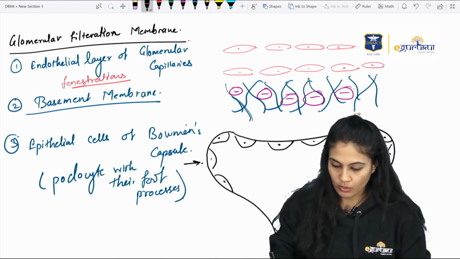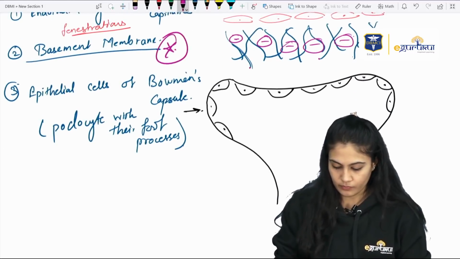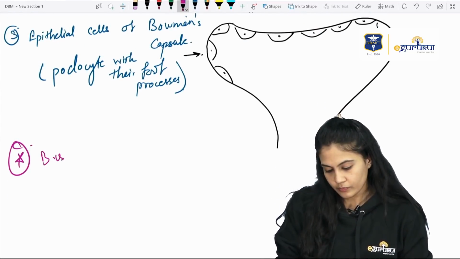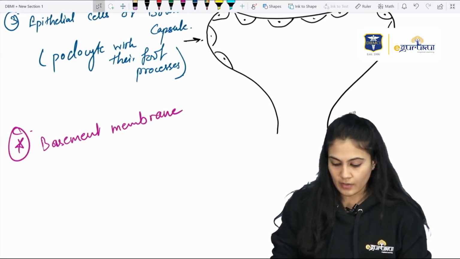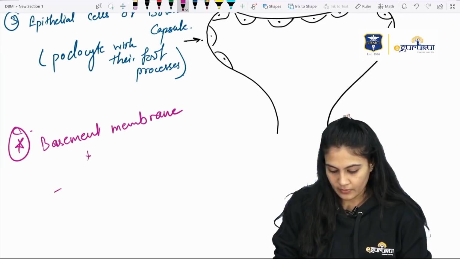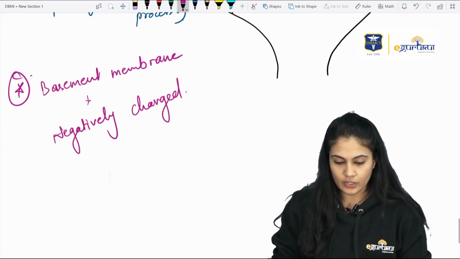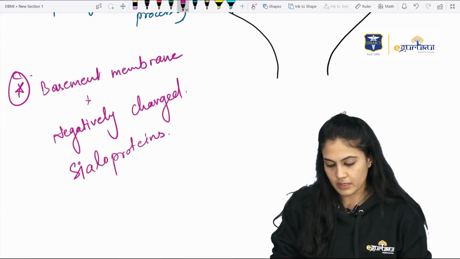So what we talked about the basement membrane is that it contains negatively charged protein particles, the sialoproteins, inside the basement membrane.